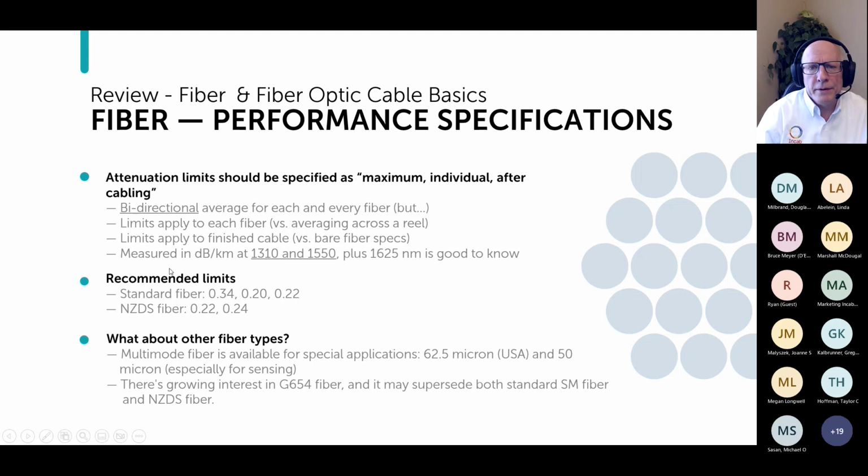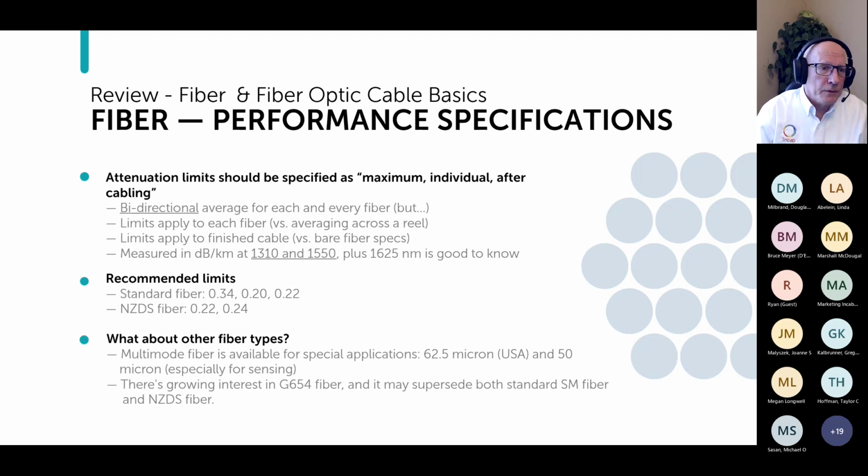The common measurement, I already talked about: dB per kilometer. The wavelengths that are commonly used for measurement are 1310 and 1550. If you're using 1625, you might want to know that as well. But generally, the benchmark wavelength is 1550. In general, if a fiber is good at a higher wavelength, it's also good at the lower ones.